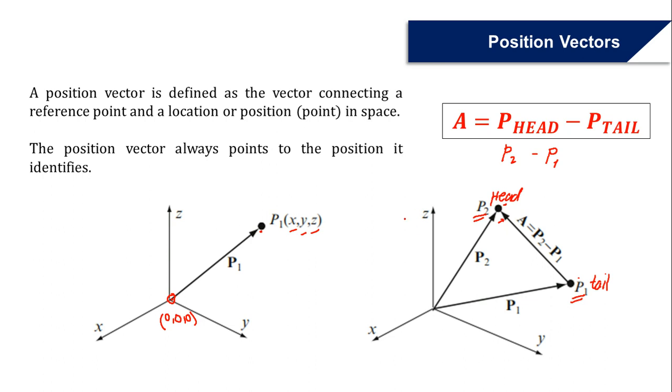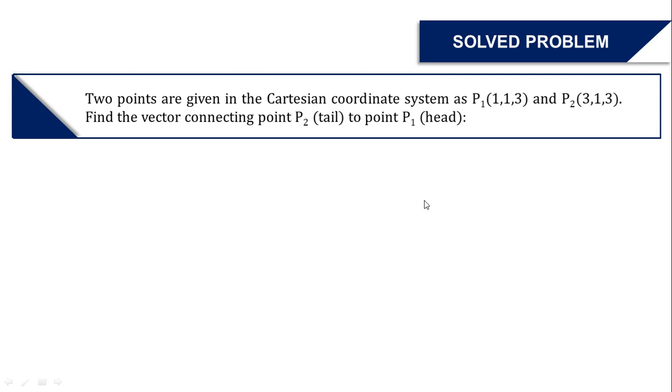Okay. So let us illustrate some examples in solving problems using position vectors. So ayan. Consider 2 points are given in the Cartesian coordinate system as point 1 with x equals 1, y equals 1, and z equals 3.